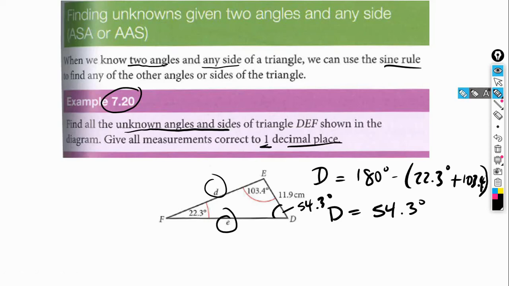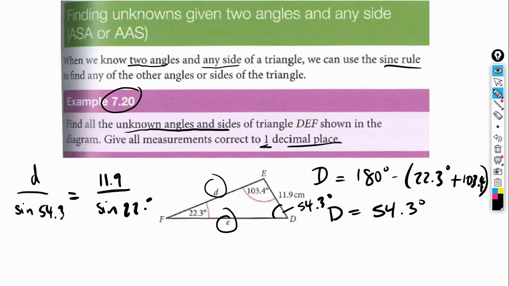Okay, so now we have enough information to actually apply the law of sines to find the side lengths D and E. So let's start with D. From the law of sines, we know that side D over sine of D, which we found, sine of 54.3, has to equal 11.9 divided by sine of 22.3.